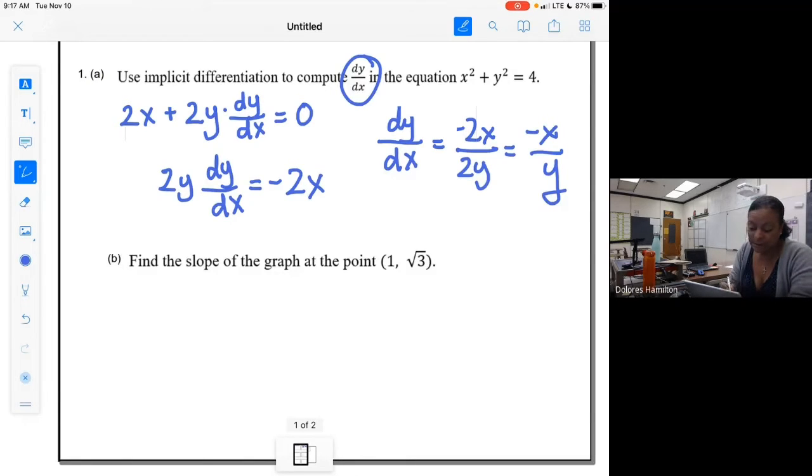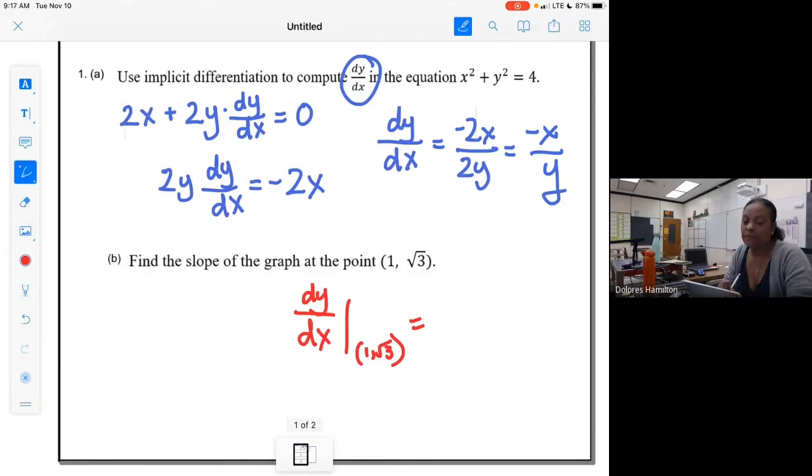Let's look at the second part. They're asking us to find the slope of that graph at the point (1, root 3). That just means I want the derivative at that point. So I plug them in, and that tells me that at the point (1, root 3), the slope of the tangent line is negative 1 over root 3.